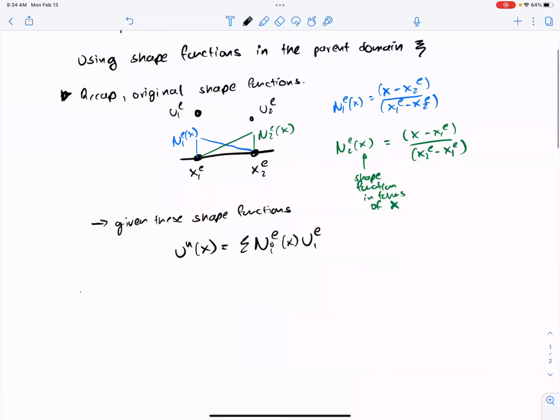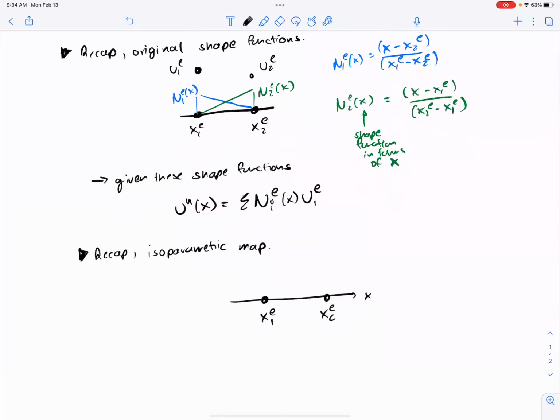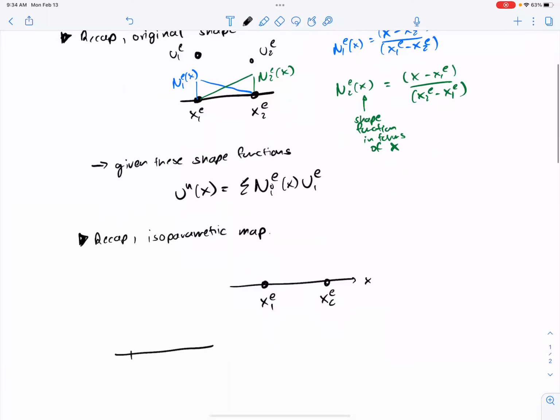Then what I did last week, Monday, and then we coded it on Wednesday, was that instead of working with functions in terms of x, maybe I can map the x into some other space, xi, between -1 and 1.